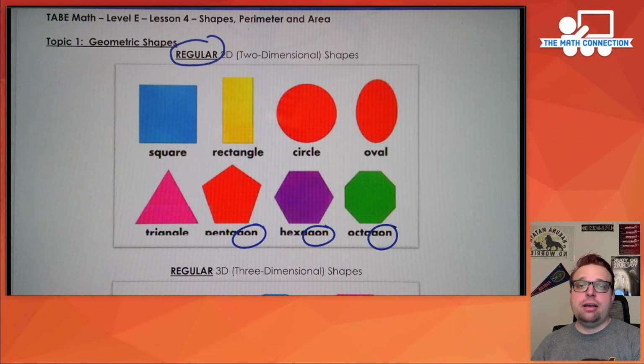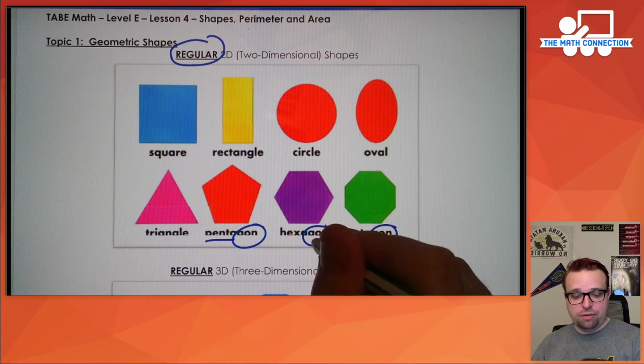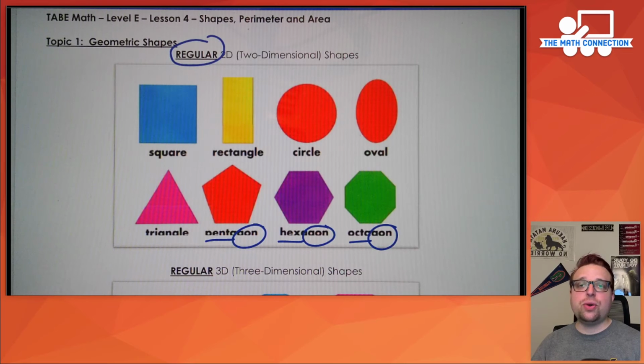That is how we classify shapes. Every shape is a polygon, but some shapes have a more well-known name. If it ends in the letters G-O-N, then the first part of the word describes how many sides the shape has, and we're going to talk about that in a minute.